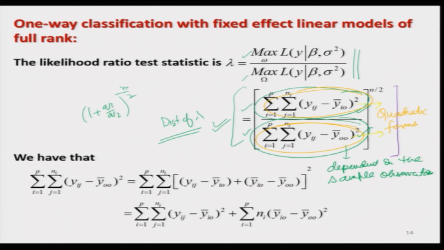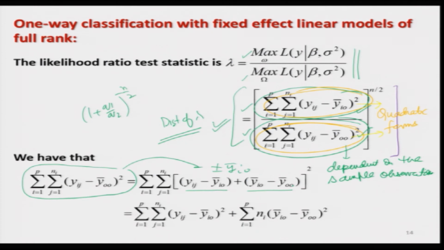So, the same thing I try to do here. I consider the quantity in the denominator, double summation y_ij minus y bar naught naught whole square, and then I add and subtract y bar i naught. Then I write y_ij minus y bar i naught plus y bar i naught minus y bar naught naught whole square.